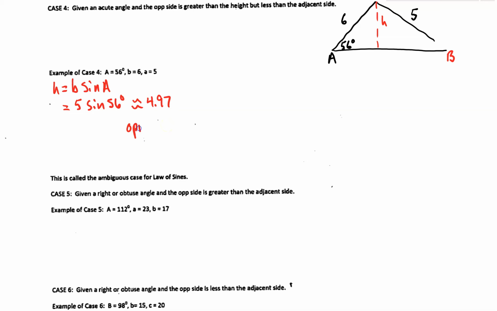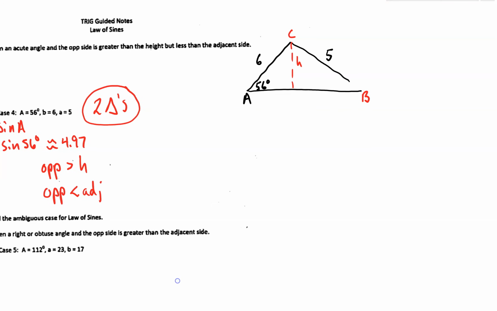So opposite, in this case, is going to be greater than the height. And if I look at that, the opposite is also less than the adjacent. When you have this situation, you will have 2 triangles.